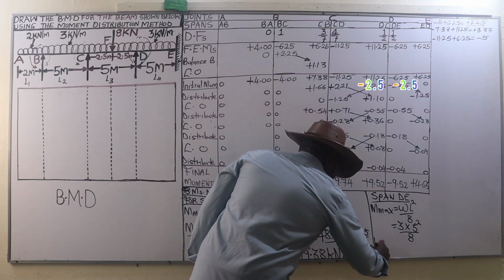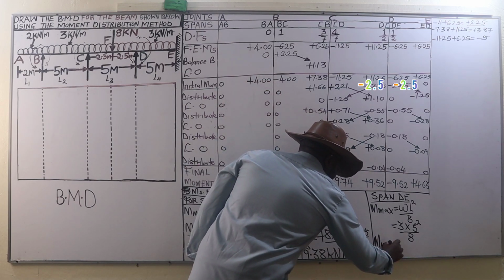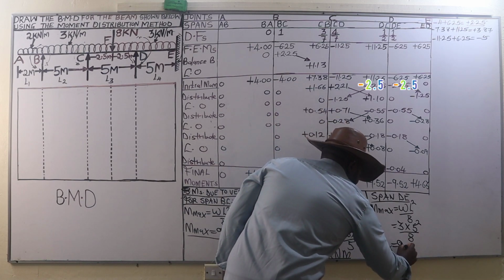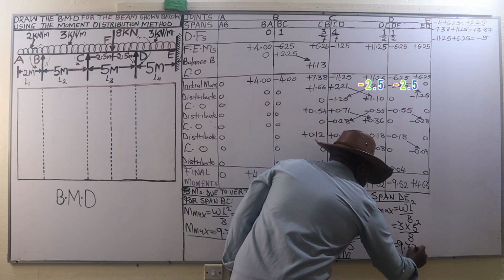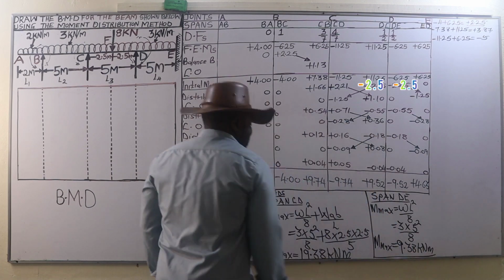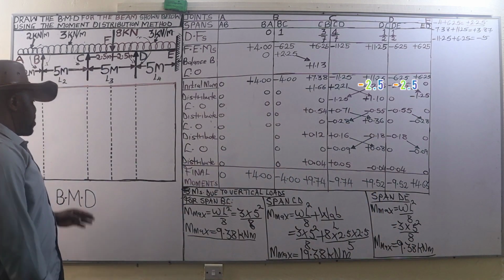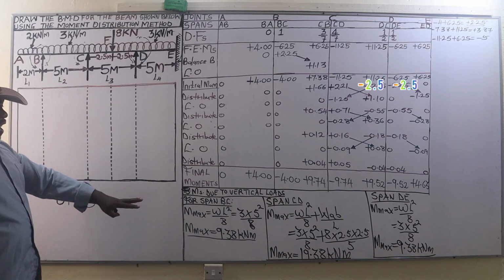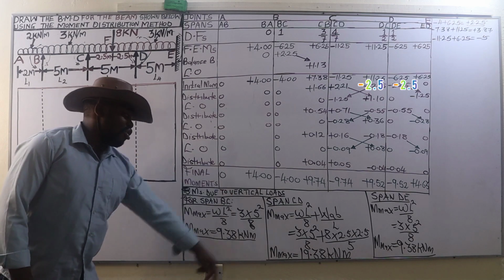And when we do so, we are going to get a maximum bending moment of 9.38 kilonewtons meter. So we now have all the moments we need to plot the bending moment diagram, and we are going to begin with the bending moments due to vertical loads.